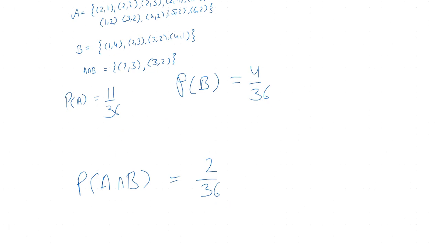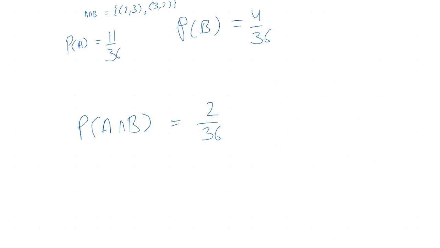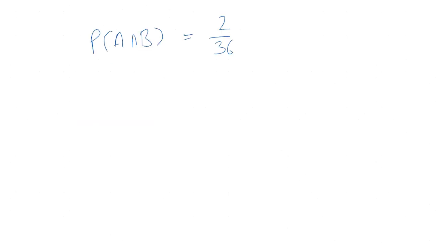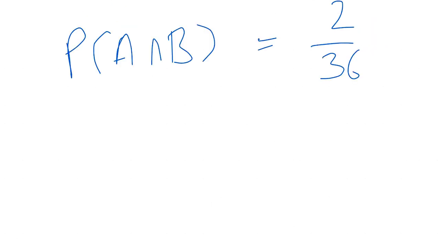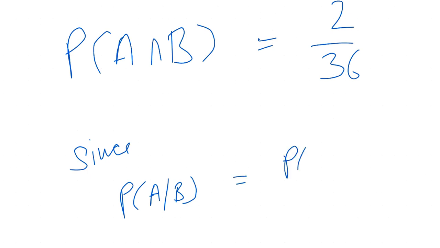Now let us find the conditional probability. Since P(A given B), the conditional probability of A based on B, is equal to P(A intersection B) over P(B).